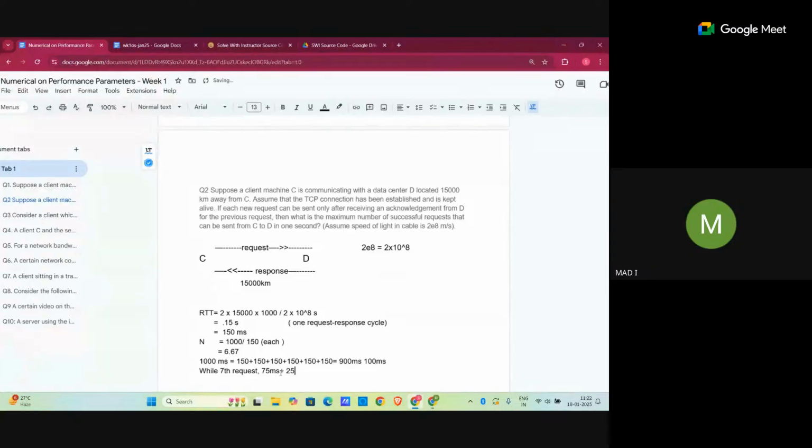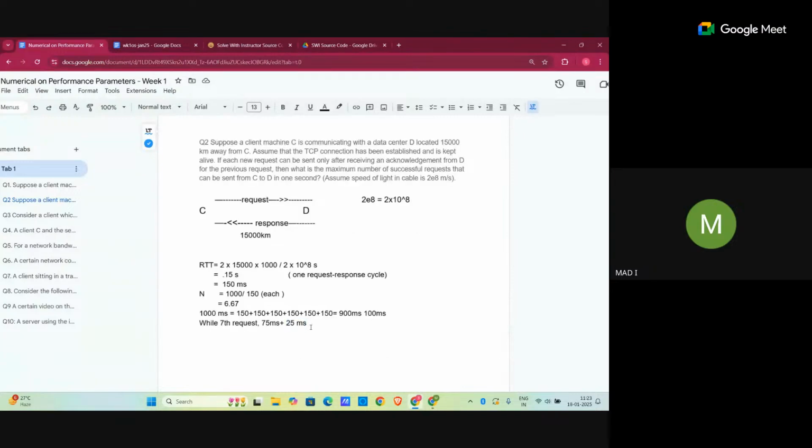Only 25 milliseconds are left. In these 25 milliseconds, we are not able to get a response from the server, because we will require 75 milliseconds. While the server was sending the response, this TCP connection was broken, so the client will not receive the response from the server. That's why we are only able to make 6 successful requests. So the answer for this question is 6.